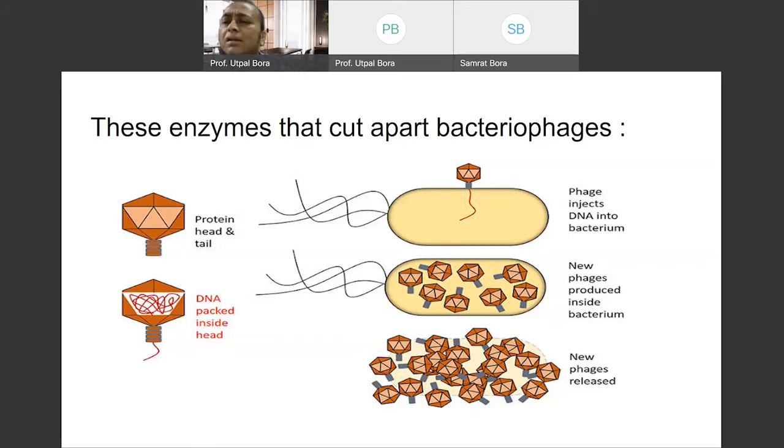By the process of lysis, it breaks open the cell wall, and they are released for further infection of new bacteria. But over millions and millions of years, the bacteria have also developed some kind of defense systems against such phage DNA.